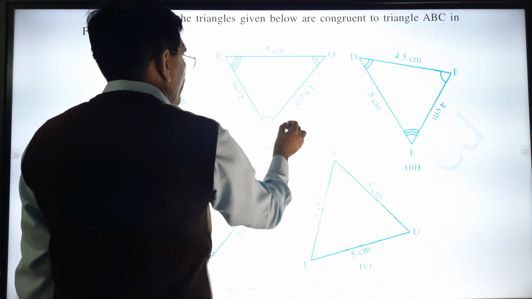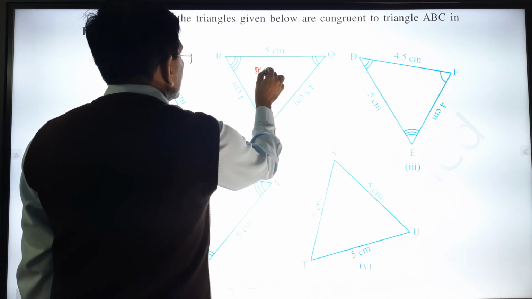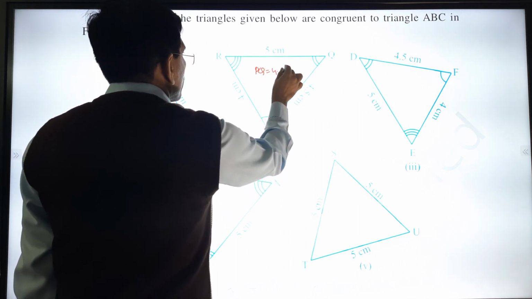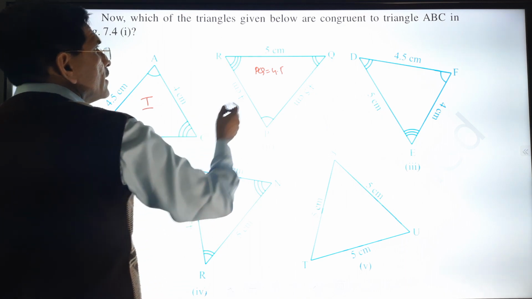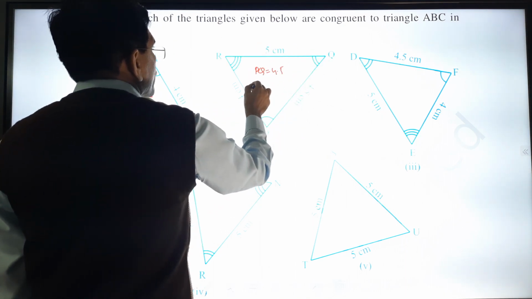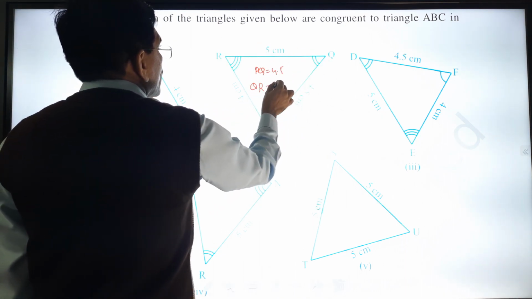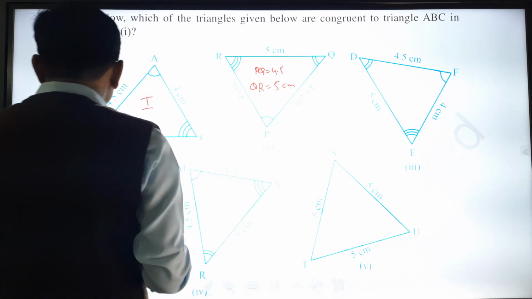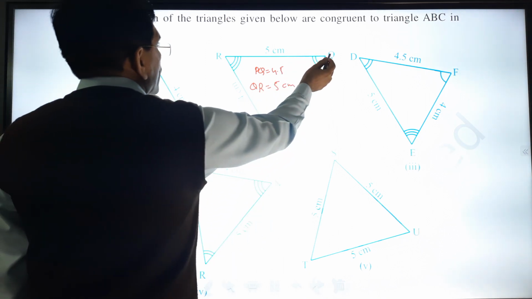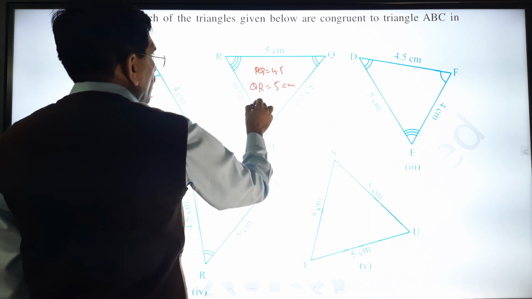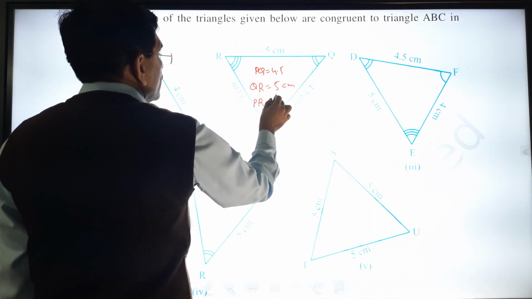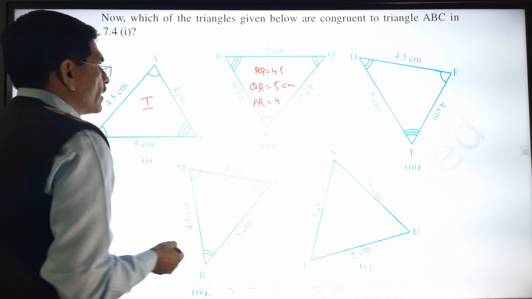PQ is 4.5, QR is equal to 5, and PR is equal to 4.